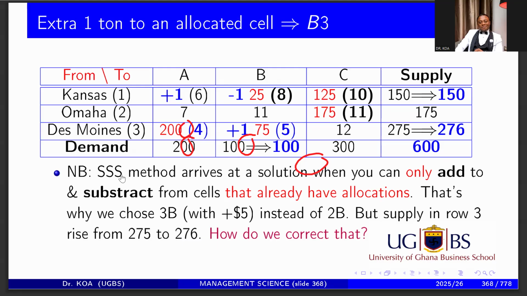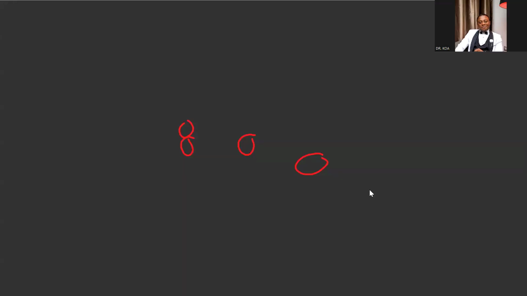And I made that point here, that you arrive at a solution when you can only add to and subtract from cells that already have allocations. Already have allocations. Now remember the ones we started with, let me just go back here.